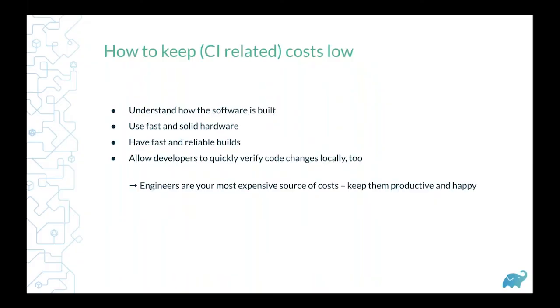And so how can you keep the costs low? Related to CI, but it also applies in general to local builds as well, understand how your software is built, meaning measure and change the right things, not based on speculation. Use fast and solid hardware, yes, because in the end, an AWS instance is going to cost you less than an engineer waiting because you wanted to save those hardware costs.